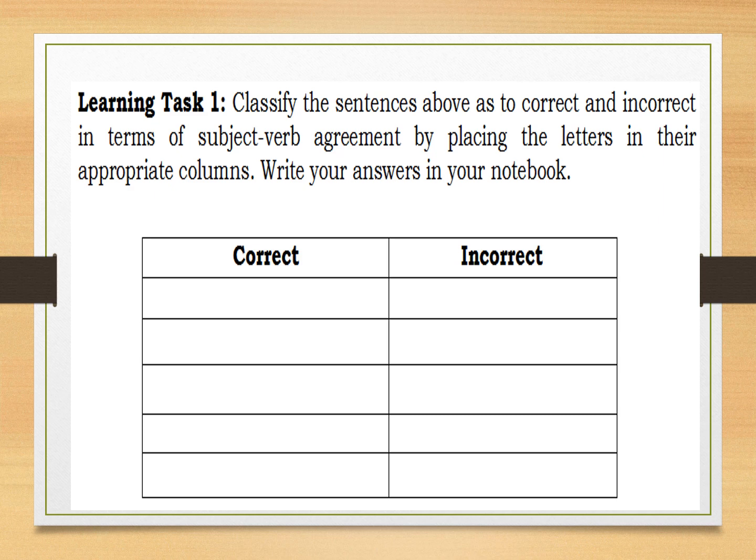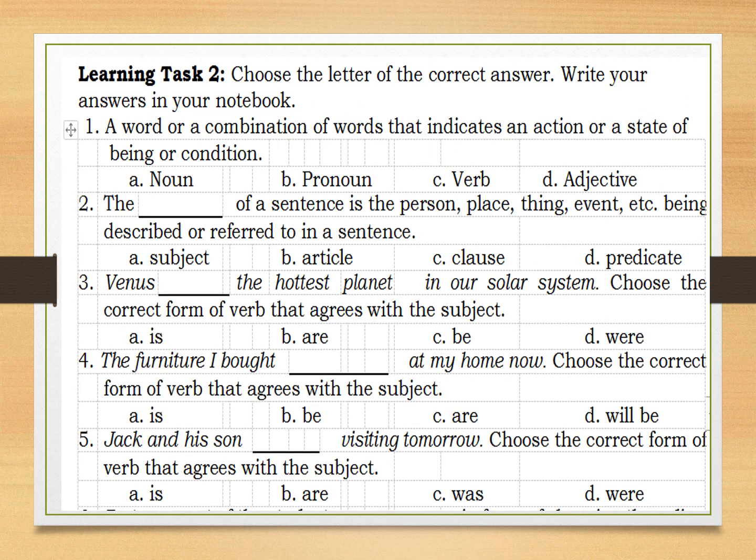Now, for learning task 1, classify the sentences above as to correct and incorrect in terms of subject-verb agreement by placing the letters in their appropriate columns. Write your answers in your notebook. Learning task 2. Choose the letter of the correct answer.